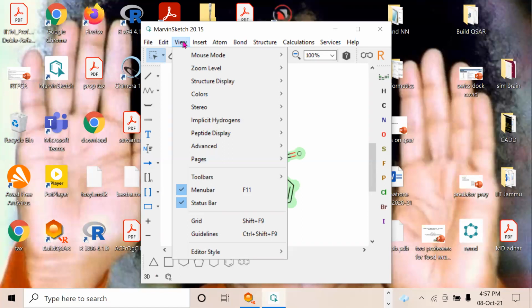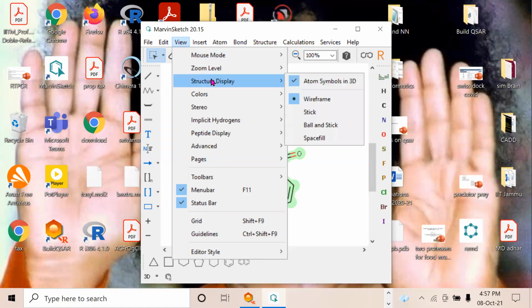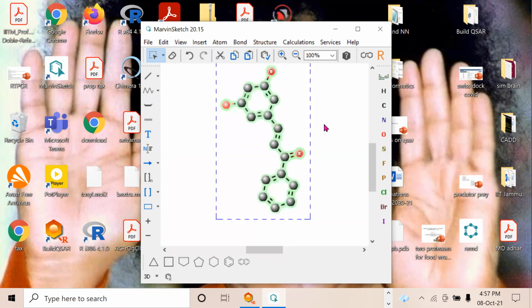So we can do a lot of things with this. We can put wireframe, ball and stick, so many things can be done.